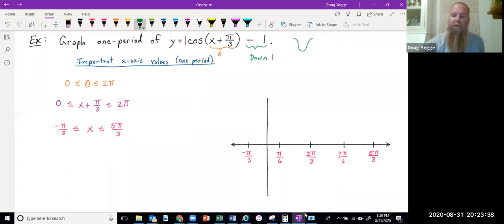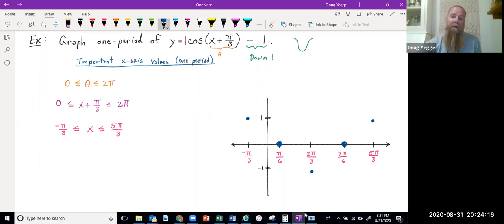So now we got to think before we start here that if this is 1 and this is negative 1, and I move everything down 1, then that means the point that used to start up at the top at negative pi over 3, 1, and it would typically end here. Halfway in between, I would reach my minimum. Halfway in between, I would reach my 0. And halfway in between here, I would reach my 0.